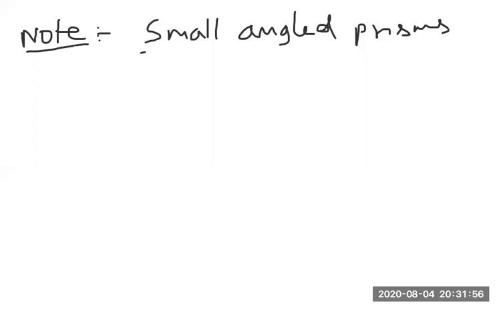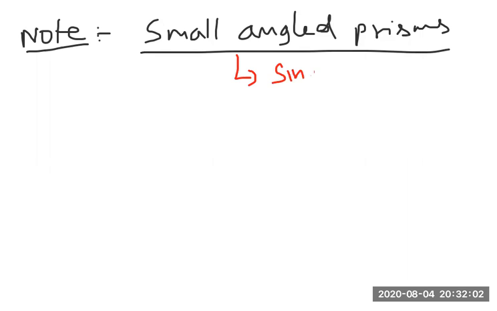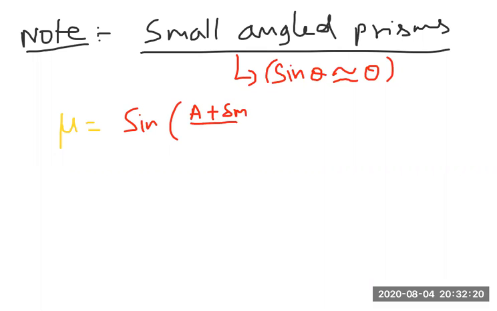Here, for very small angles, sine theta is nearly equal to theta. From that, I can write mu for the prism. What is the formula we derived? Mu equals sine of (A plus delta m) by 2 divided by sine of A by 2. This is the formula we got.